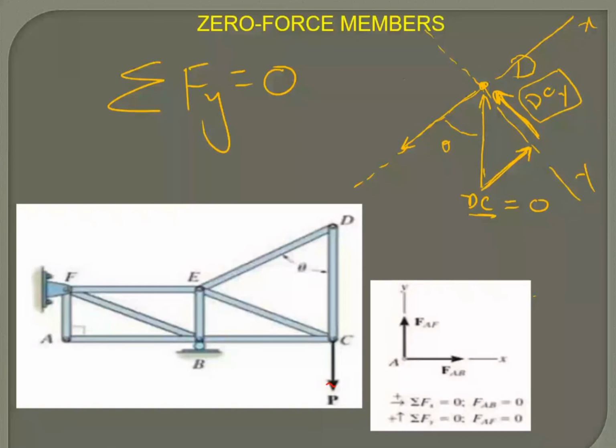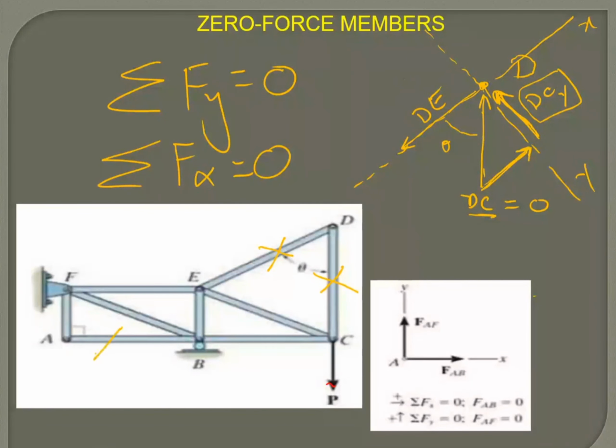Now I want you to do the sum of all the forces along X and tell me what is the force on DE. Sir, it's 0. Okay, which means that this is also a 0 force member.